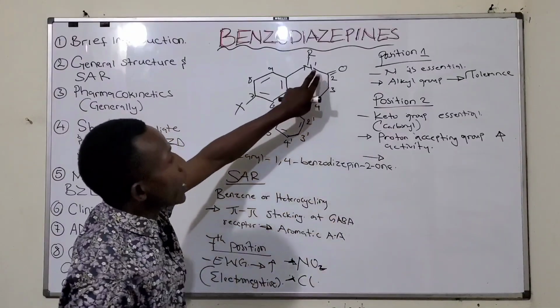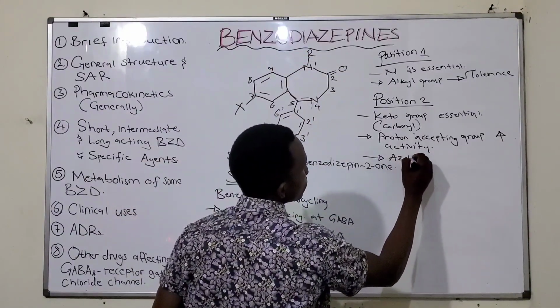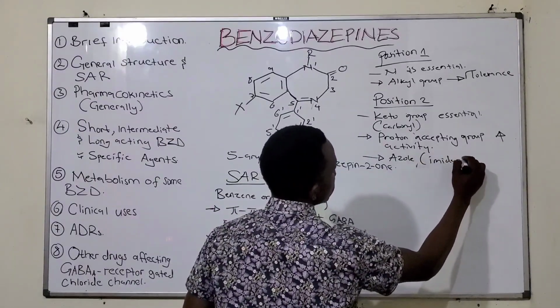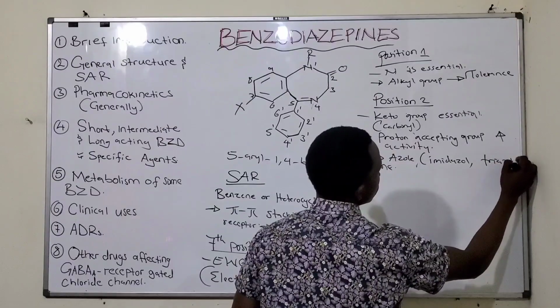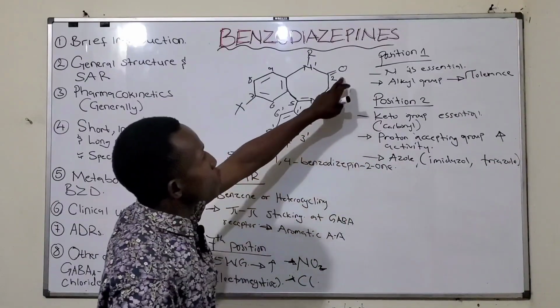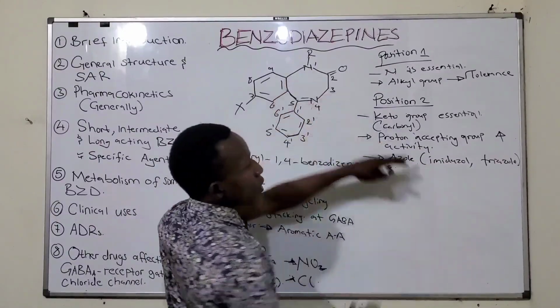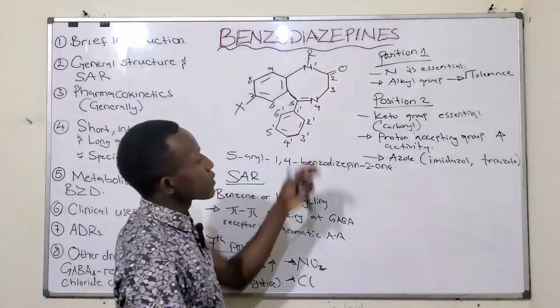So, addition of an azo. This can be imidazole or triazolo. At this position 2 and 3, if they are fused to form imidazole or triazolo at this position, we are going to see the drugs.